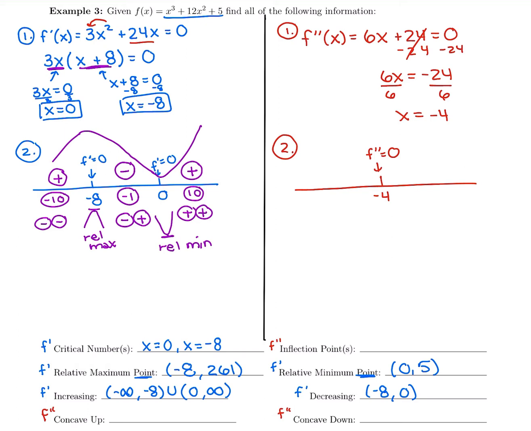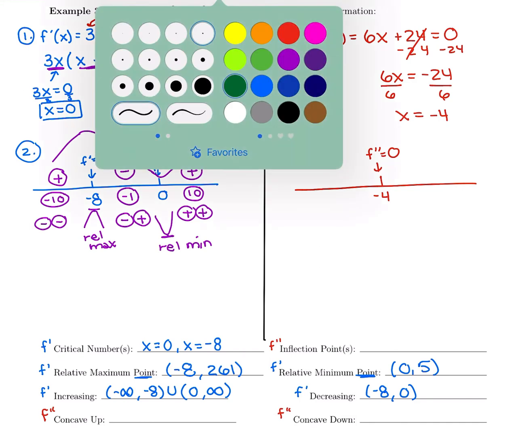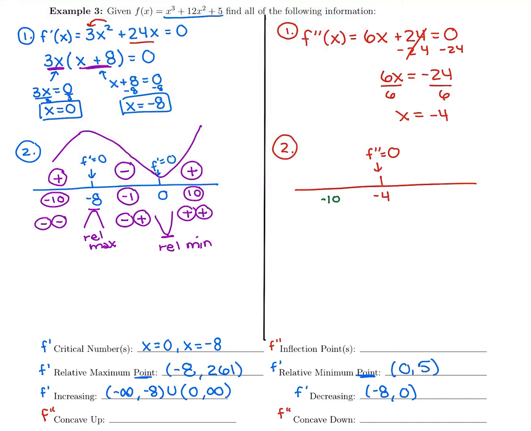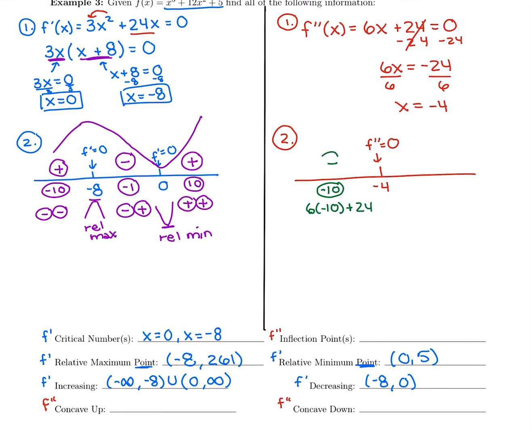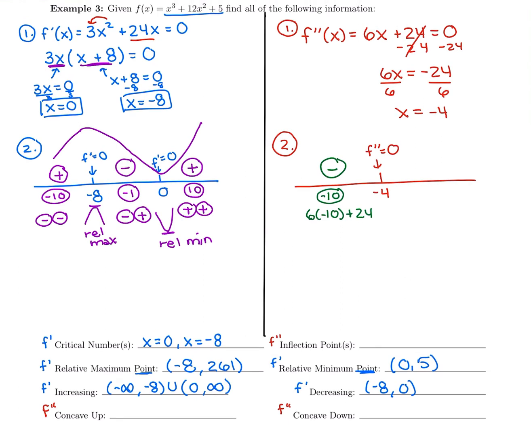So I'm going to test any number to the left of -4, maybe -10. And I'm plugging into the second derivative. So I'm going to do 6 times -10 plus 24. So I'll have -60 plus 24, which is still going to be negative. So at first, this graph must be concave down.